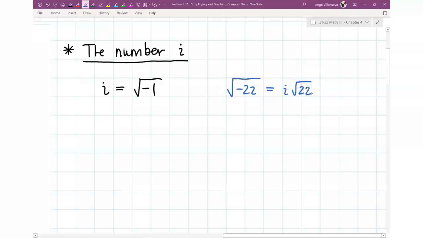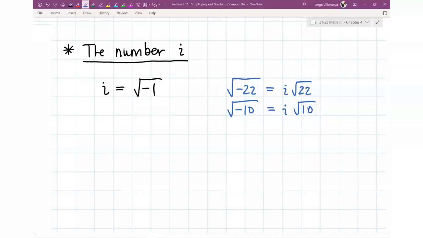Notice how the negative is no longer there, because the i says there was a negative 1 inside of there, so I'm going to take it out and call it i. One more of these, like negative 10 inside: you're going to write i radical 10. That's pretty easy, not too bad.